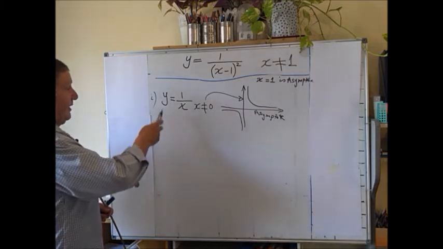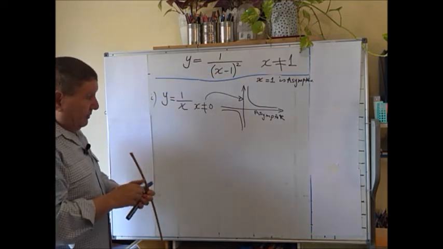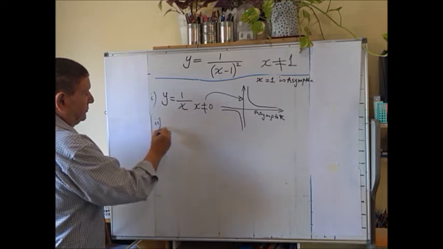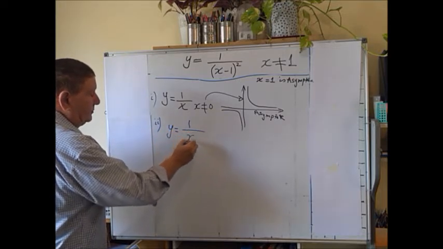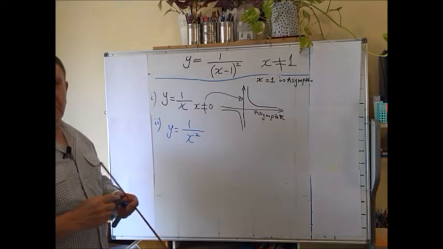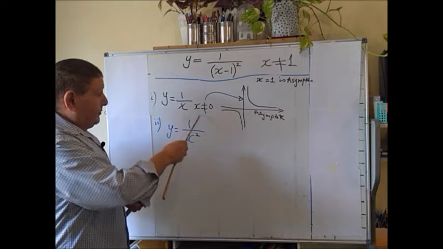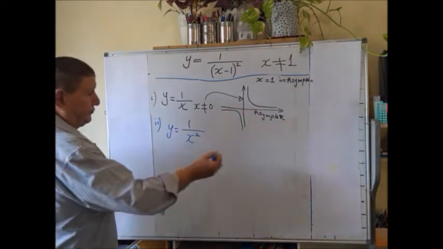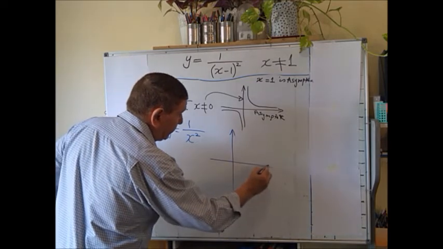Okay, now we have the square. So the next step is, what happens if we have y equals 1 over x squared? Again, x cannot be 0. So this is comparable to that, and we can do another graph here.